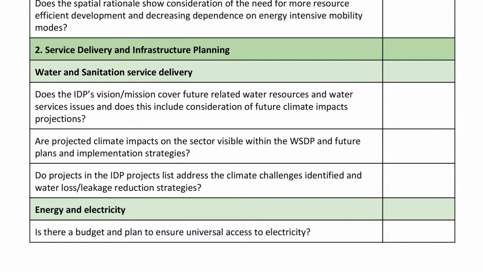One of the questions here is, does the IDP's vision or mission cover future-related water resources and water services issues, and does this include consideration of future climate change impacts? The column to the right provides you with the space to answer yes or no to the question and add any comments that may be useful going forward.